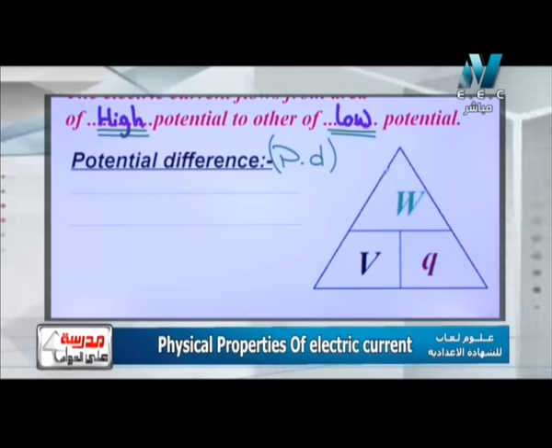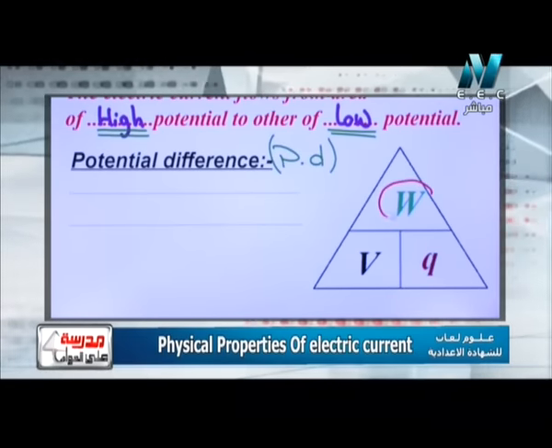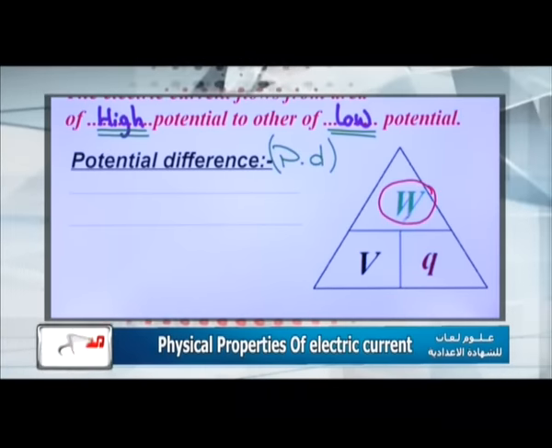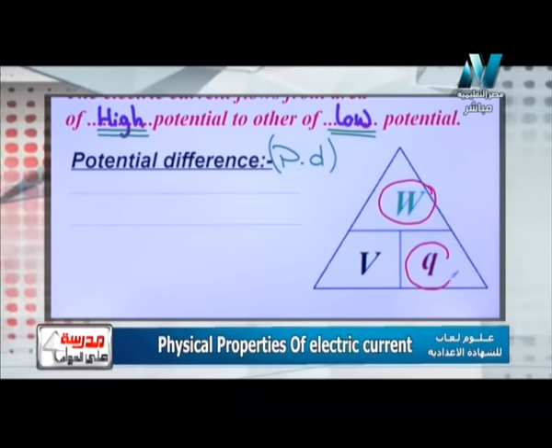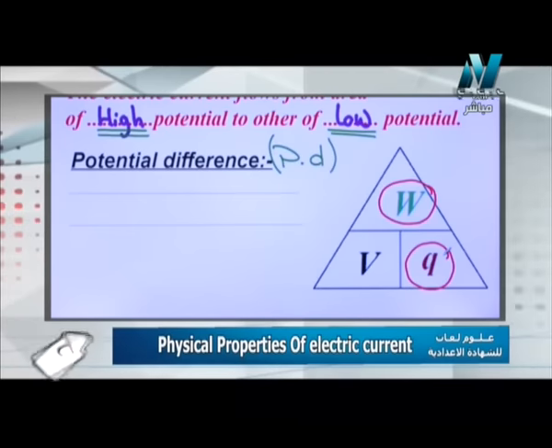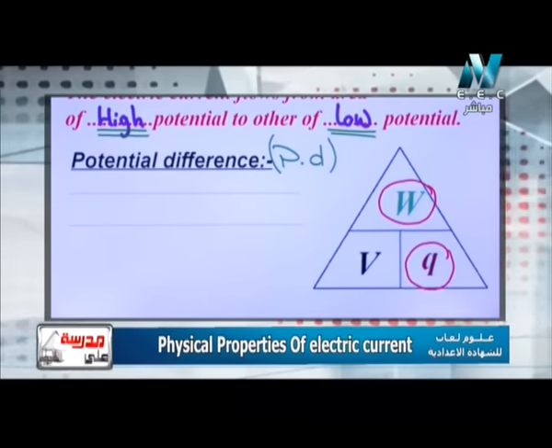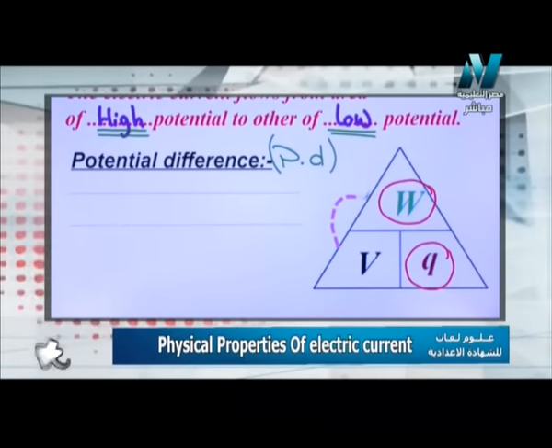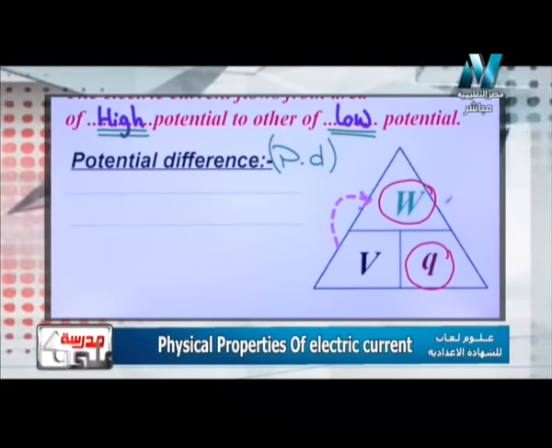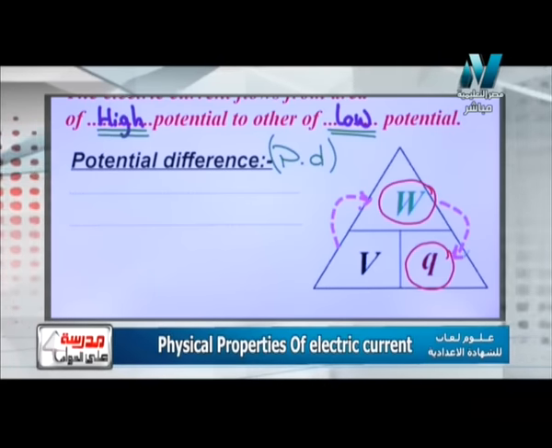Here we have work, W, which means work done. Here we have Q, and we know what is meant by Q. Q is quantity of charge. So here, potential difference is the work done to transfer quantity of charge.